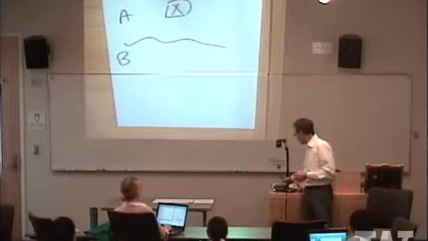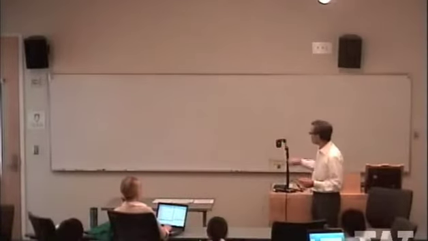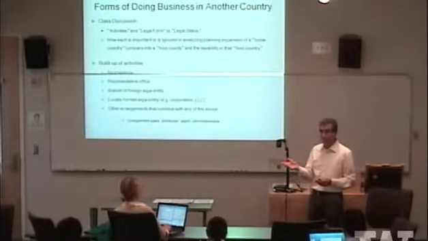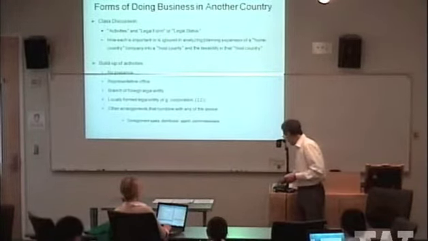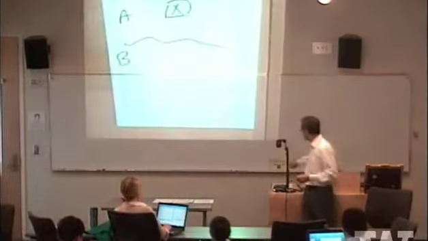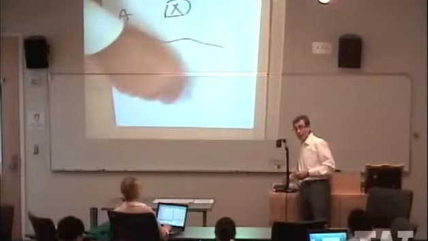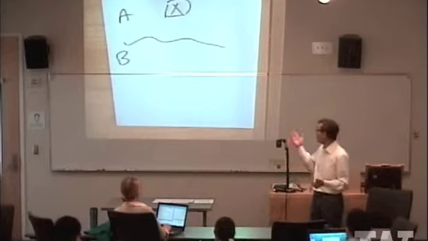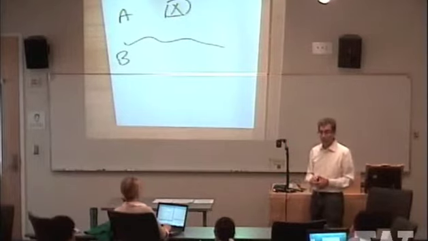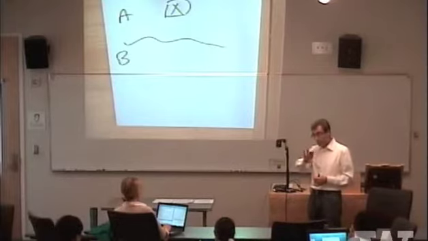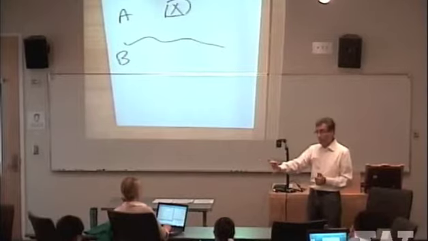And the last one was some sort of locally formed legal entity. For example, if X were to actually form a subsidiary, put a box down here, which is wholly owned, for example, by X. So no presence, representative office, branch, or some sort of locally formed entity.